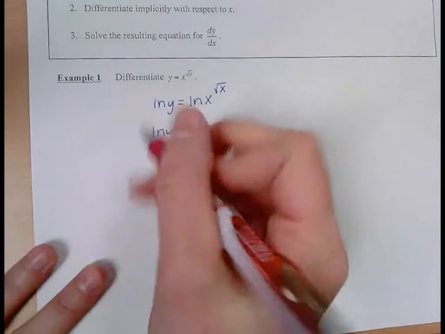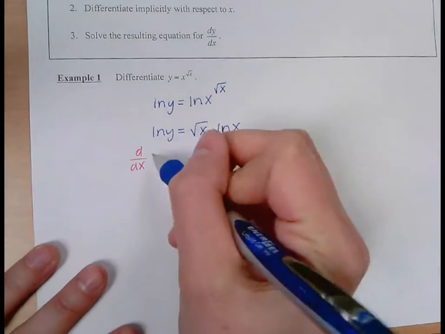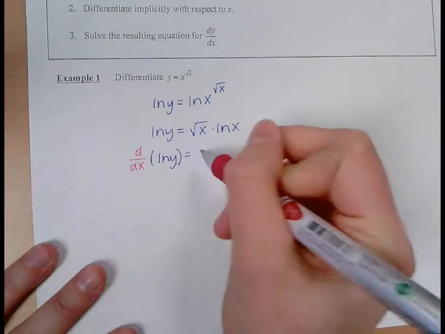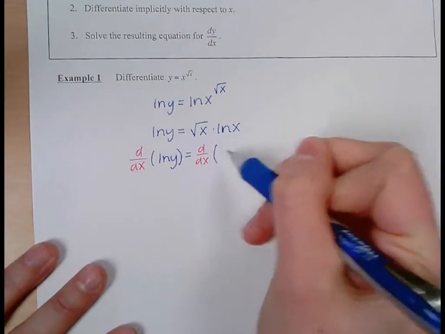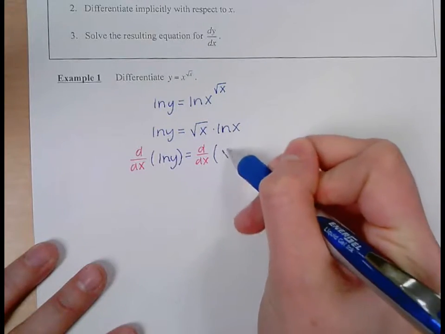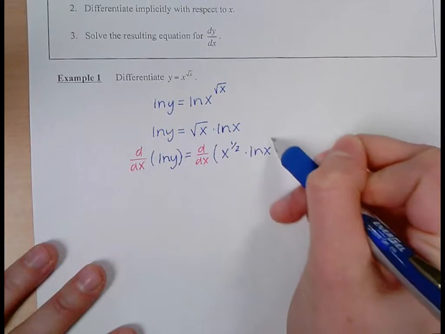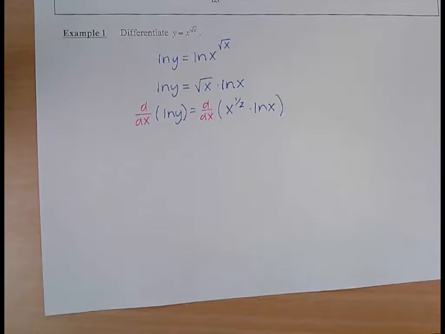So I'm taking the derivative with respect to x of the natural log of y and the derivative with respect to x of, I'm going to write the square root of x as x to the 1/2 because when I'm taking the derivative, that'll be easier, times natural log of x. So differentiate both sides.